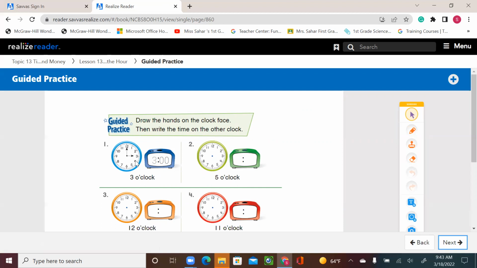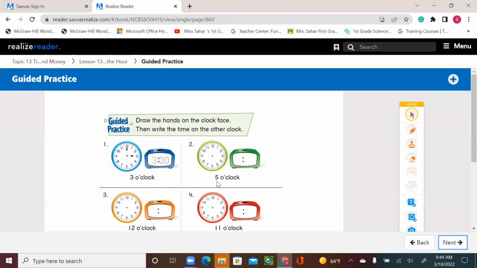And then when we see the time, we're going to write it for the digital clock. The first one is done for us. I can see the short hand, the hour hand, pointing to 3, and the minute hand, or the long hand, pointing to 12. So it's 3 o'clock. That's how we write it in a digital clock.